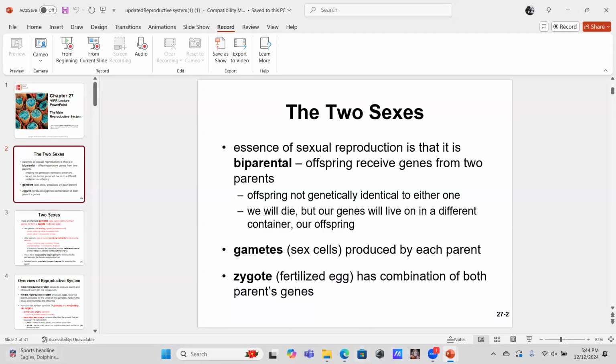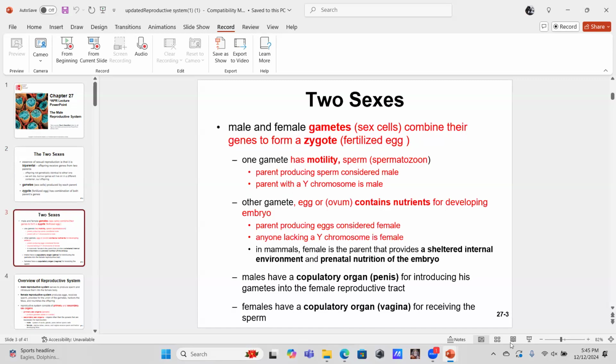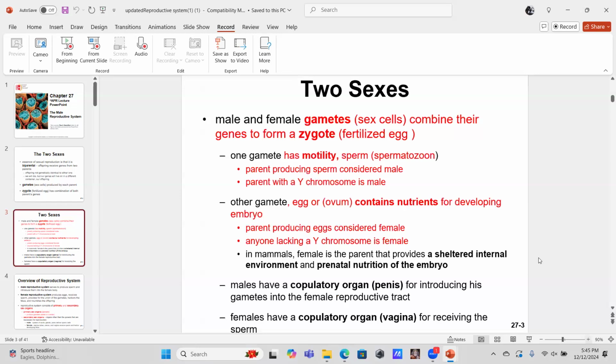It is dependent on your X and Y. If you have an X and a Y, you're going to have the presence of what should be testes. And if you have two X's, you're going to have what should be ovaries and a female. Keep that in mind, based on what you inherit in terms of the chromosomes.